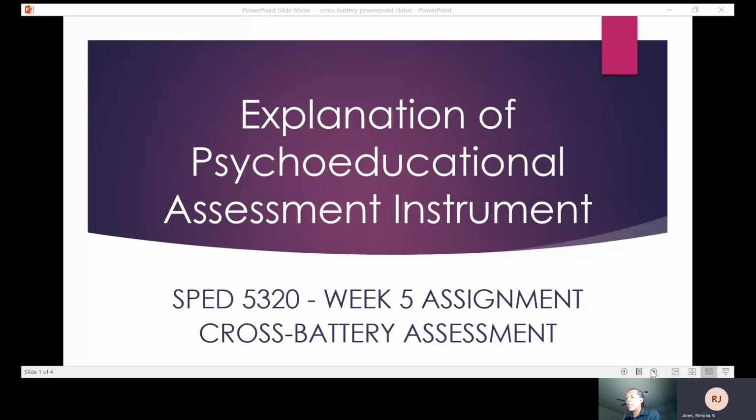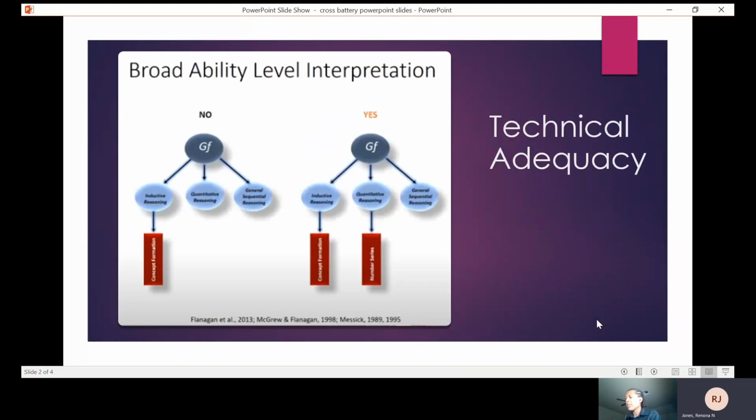Technical adequacy, bias, and purpose of the assessment. The technical adequacy of an assessment is its reliability and validity. Cross-battery assessments provide good technical adequacy because they have better construct representation on intelligence and cognitive ability tests.